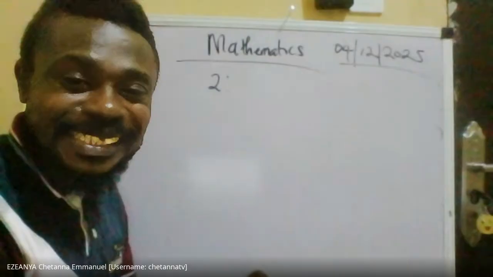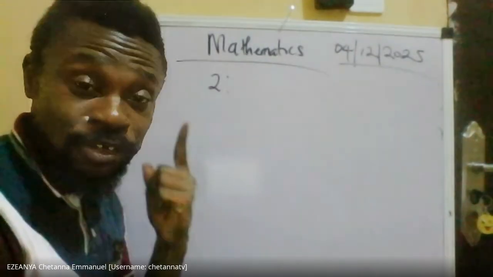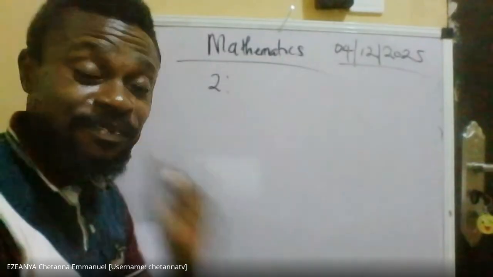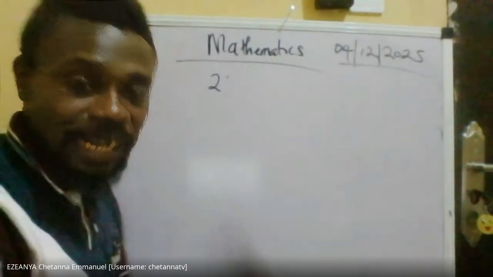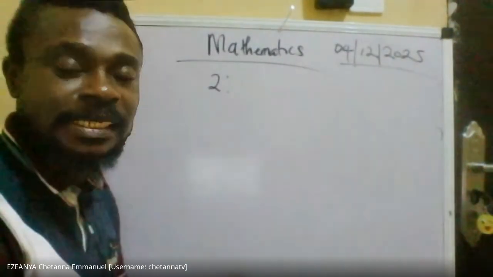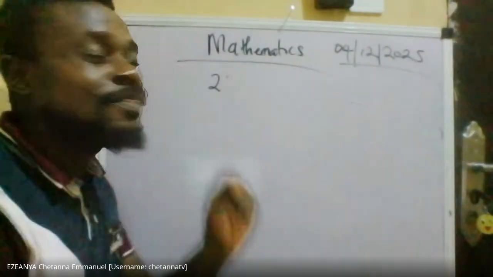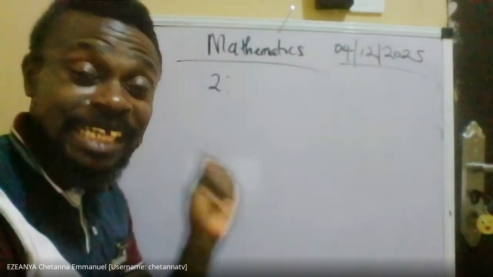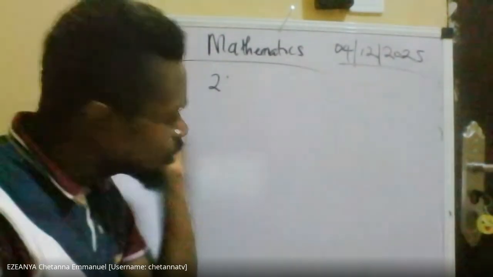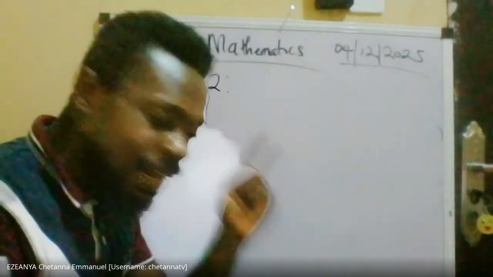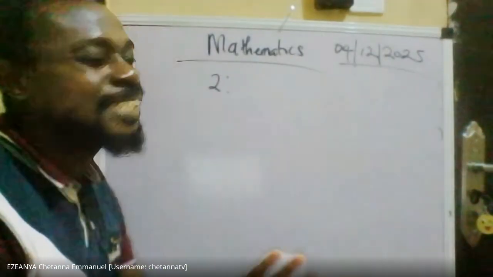If the last digit of that number is an even number or 0, when we say even, we mean the last digit can be divided by 2, then that number is definitely divisible by 2.